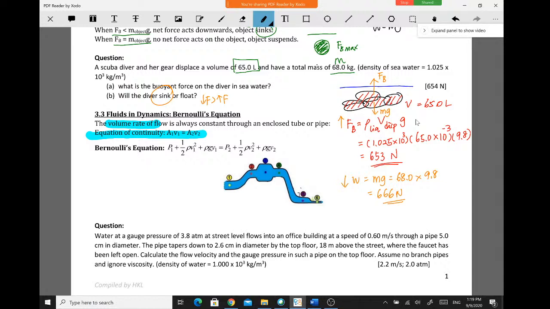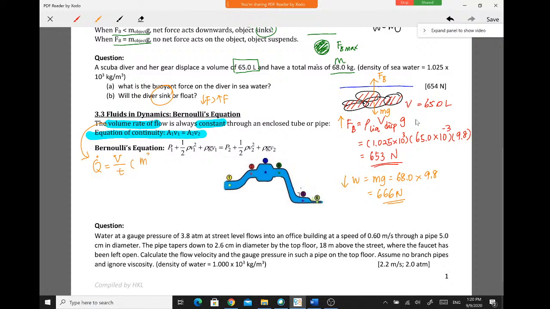It's always constant. The volume flow rate is given by, if you learn in your degree, usually the symbol Q. It's always given by volume divided by time, and the unit will be meter cube over seconds.